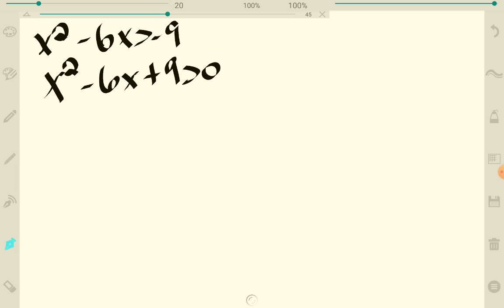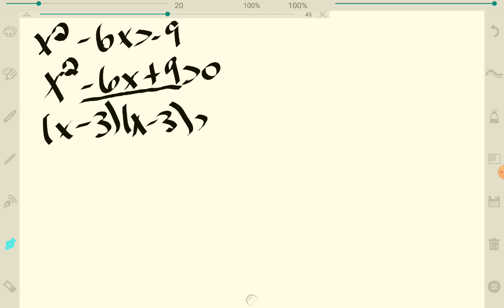And to solve this, we need to know factors of 9, which are 1 and 9, and 3 and 3. We're going to be using 3 and 3. And if we look at this right here, we notice that it's a perfect square. So that would mean x minus 3 times x minus 3 is greater than 0.